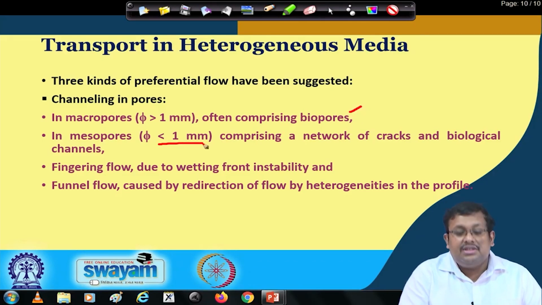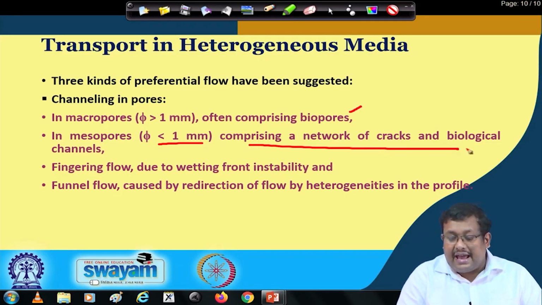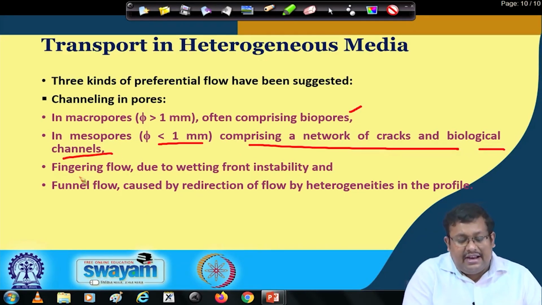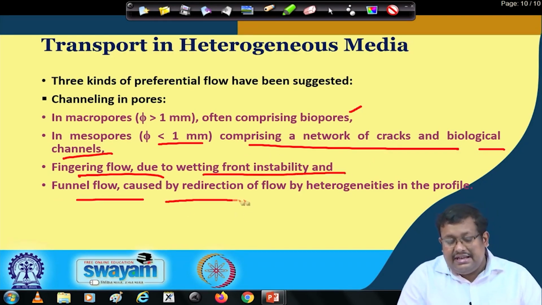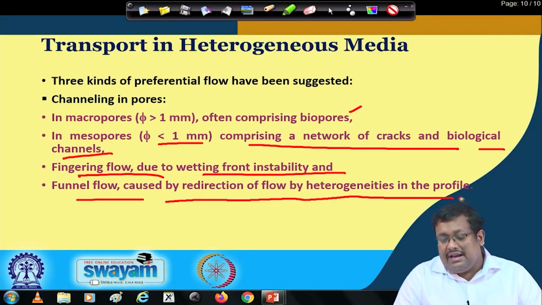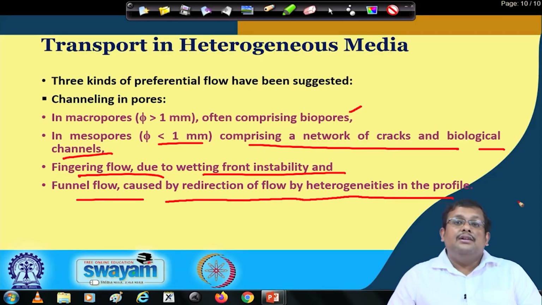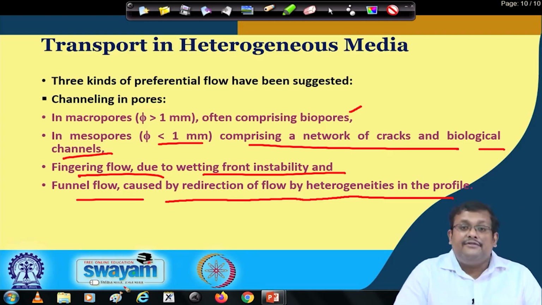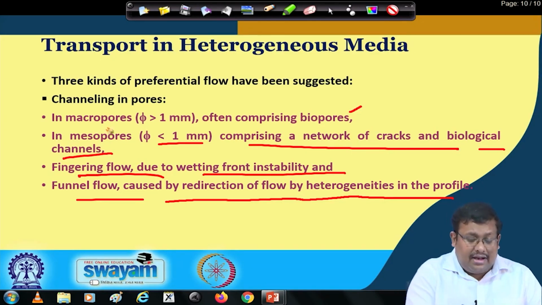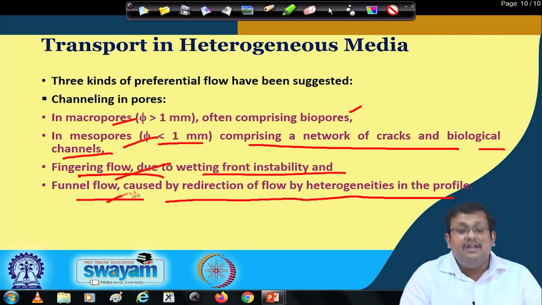In mesopores, which are less than 1 millimeter, it comprises a network of cracks and biological channels, and fingering flow. We have already seen the fingering flow due to wetting front instability, and funnel flow, which is caused by redirection of flow by heterogeneities in the profile. So, this is how the preferential flow occurs through these different ways: macropores, mesopores, fingering flow and funnel flow.